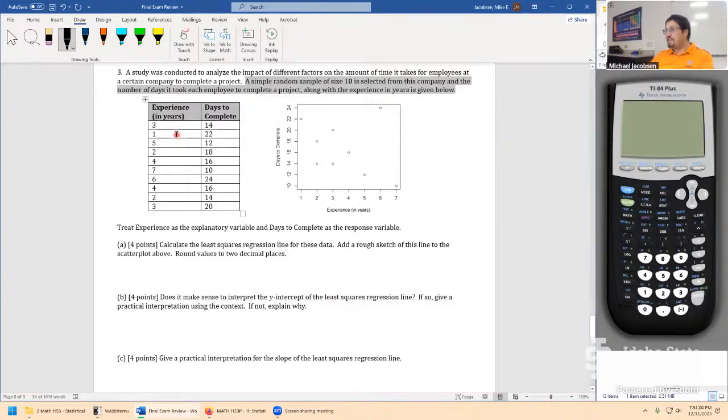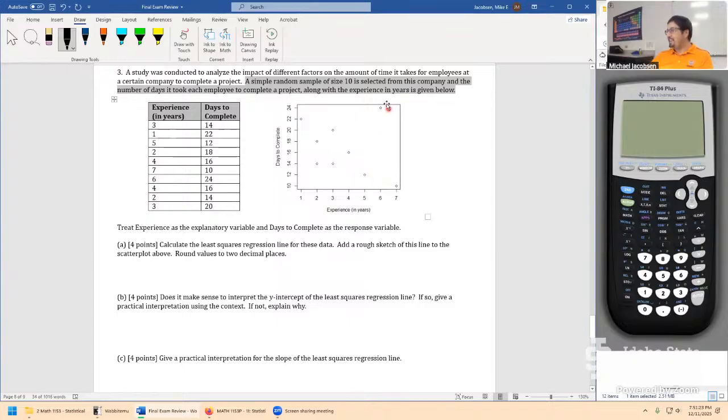And this looks like it tells a kind of story. If you look at the scatter plot, experience in years is the explanatory variable on the horizontal axis. And it looks like days to complete the project is higher for employees with low levels of experience. The higher the experience, the fewer days to complete.